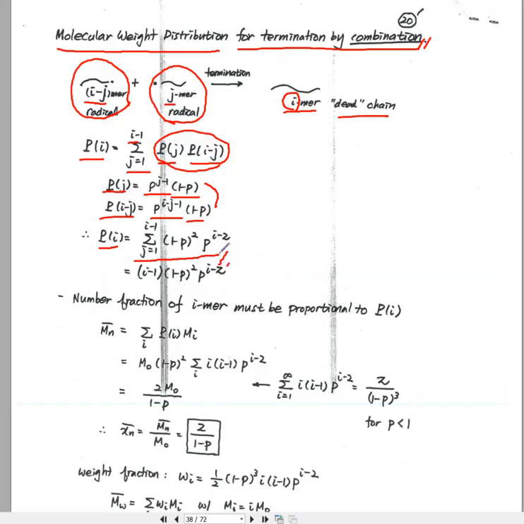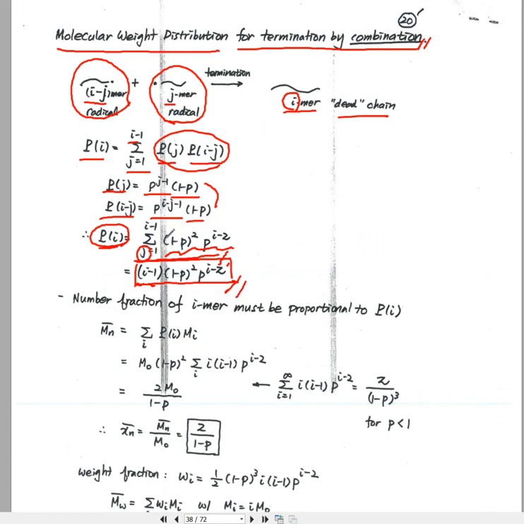Since there is no j variable in the result, we can just simply multiply by i minus 1 here. The probability of forming that chain with the polymer chain length of i is equal to i minus 1 times 1 minus p squared times p to the i minus 2.